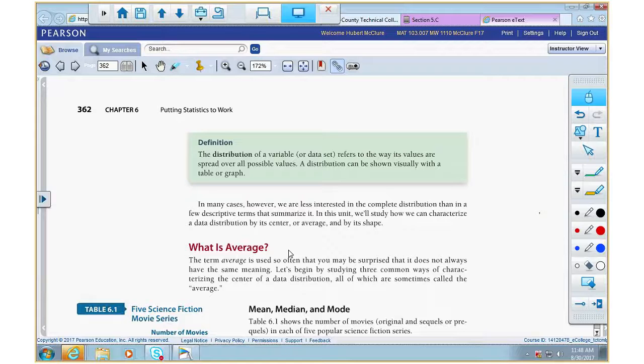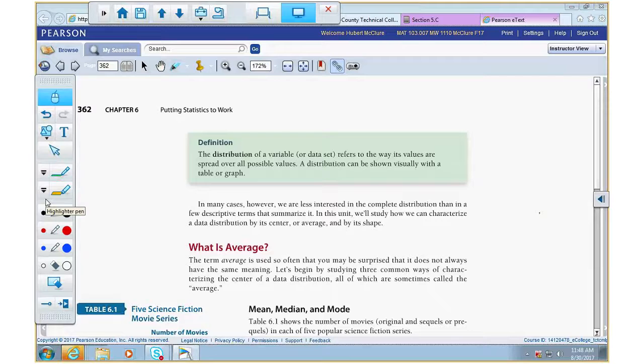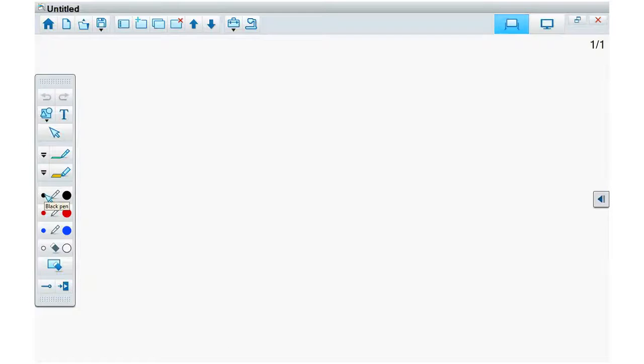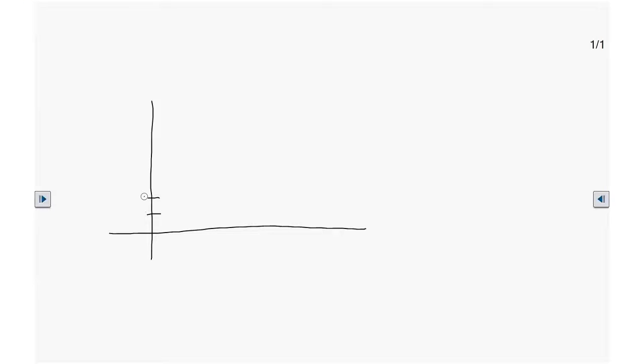All right? The mean is basically, let's see. If I have a graph, kind of like a graph of A's, B's, C's, and D's, with 2, 4, 6, 8, 10, 12 on the side.